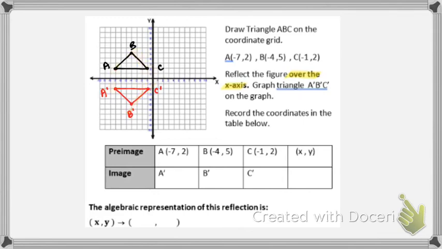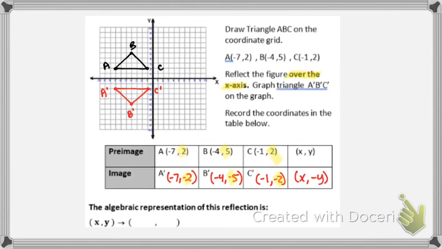Okay, our points ended up as A prime negative 7, negative 2, B prime negative 4, negative 5, and for C prime, it was negative 1, negative 2. And look, the only thing that changed was the sign on the y value. So it was x, and then the y had that minus in front.